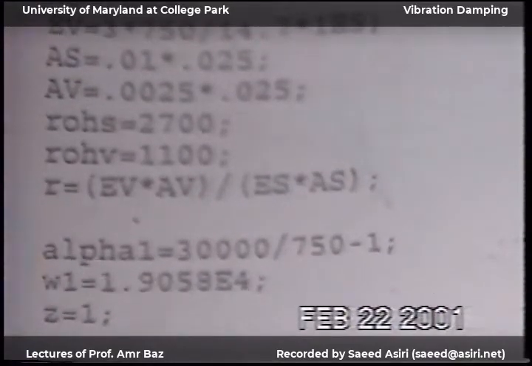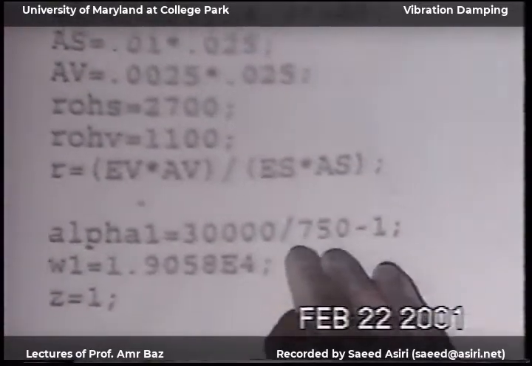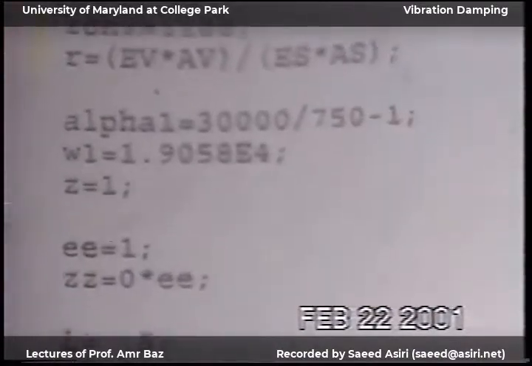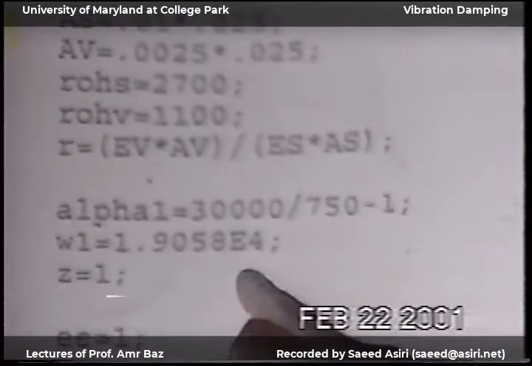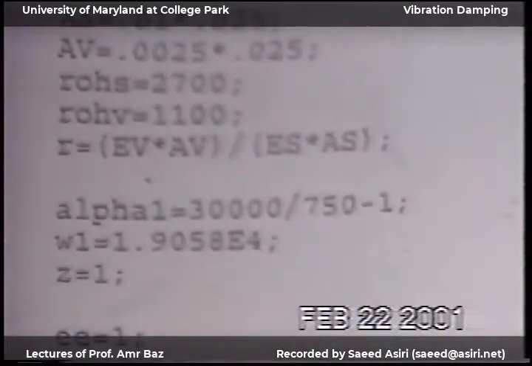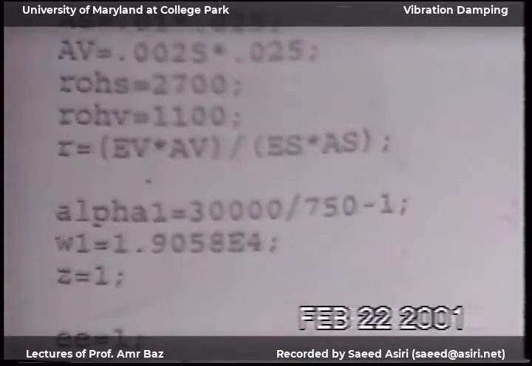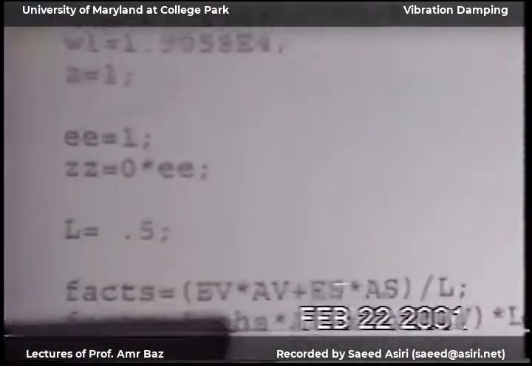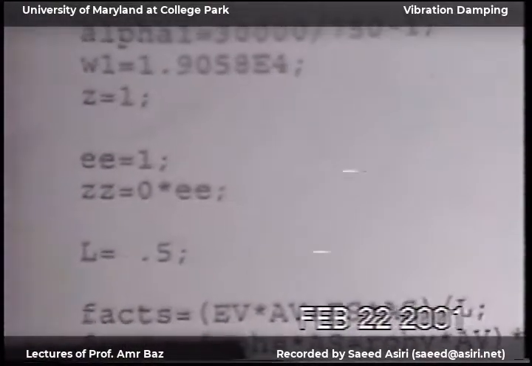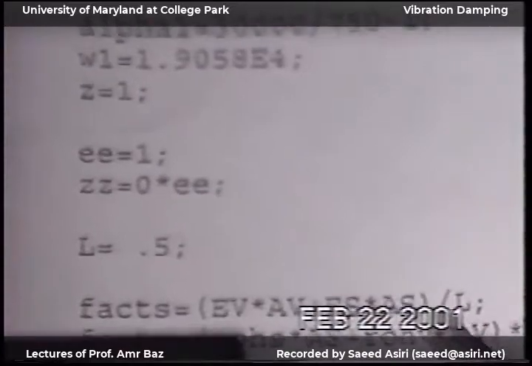Now, I put the GHM model with single mini oscillator. That's the number that we had from before. If you remember, when we did the optimization, this was the alpha and the omega 1 and the zeta 1. Now I define E as 1, ZZ as 0. And then I have factor for the structure, factor for the mass matrix.